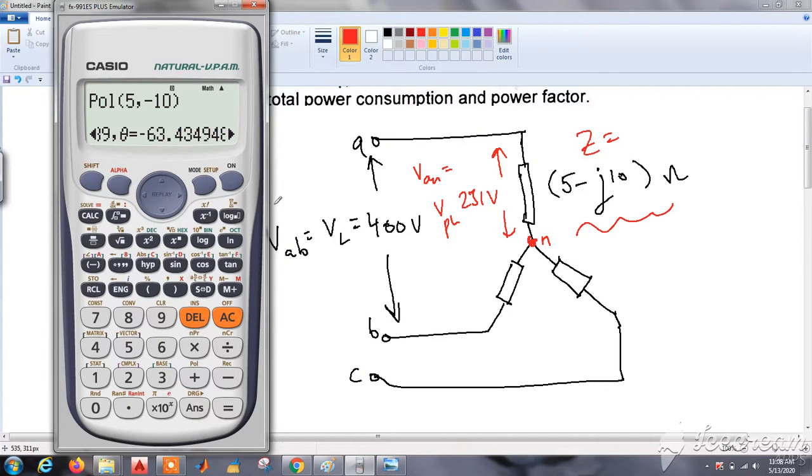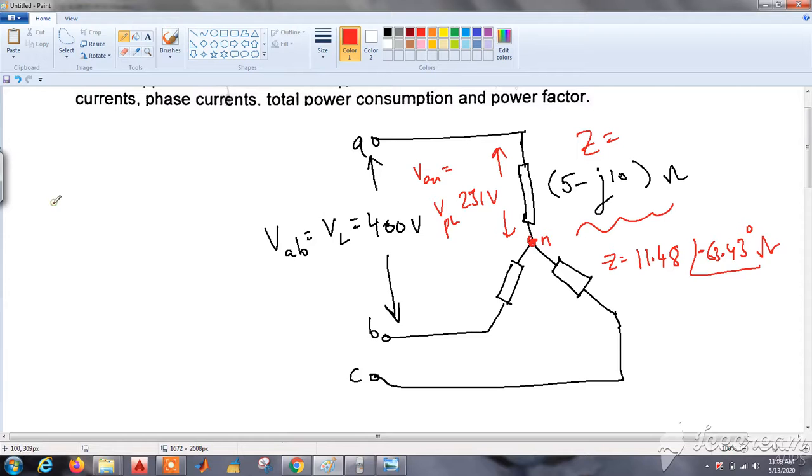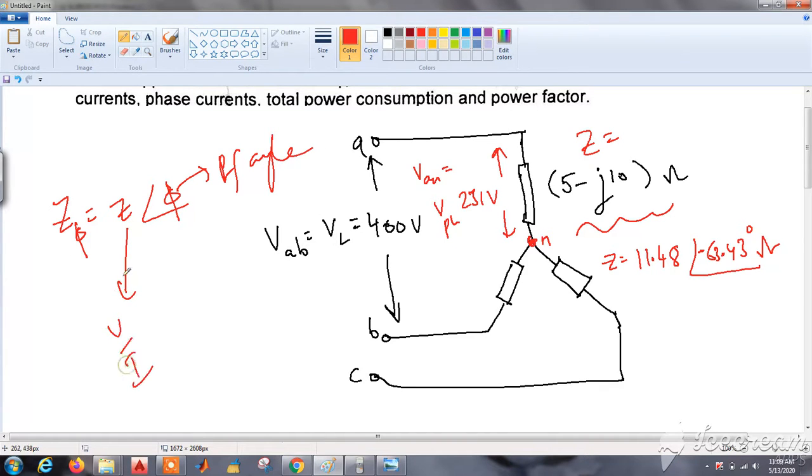We know that in balanced supply and load, the phasor form of the impedance is Z at an angle of phi, where phi is the power factor angle. We know Z is equal to V by I. So the power factor angle is the phase difference between the voltage angle and the current angle.